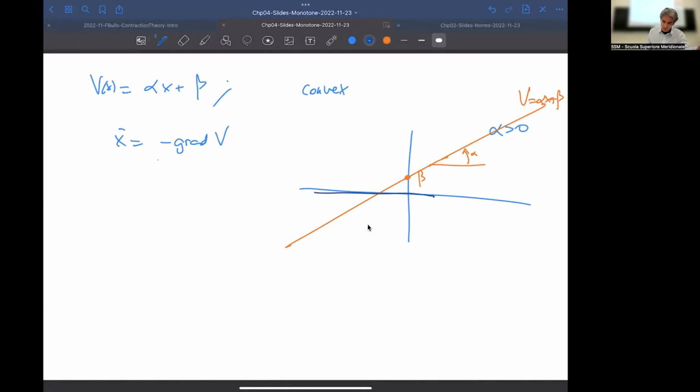It goes to minus infinity, because you're trying to minimize the function, but the function is not lower bounded. If you flow along minus the gradient, you go to minus infinity. So this is the case where I don't even have an equilibrium, and every trajectory goes to infinity.